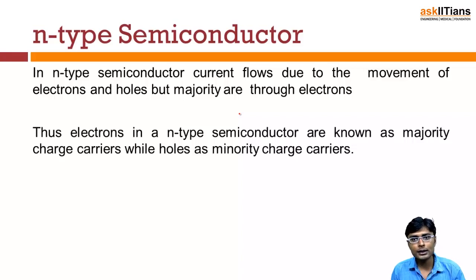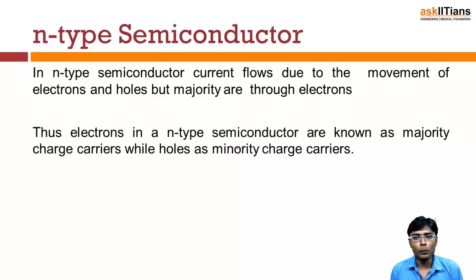Even if we increase the temperature, electron and hole pairs will be generated, but the number of electrons in that material will still be more than the holes, so the current will be mainly through electrons. Thus electrons in N-type semiconductors are known as the majority charge carriers, while holes are the minority charge carriers.